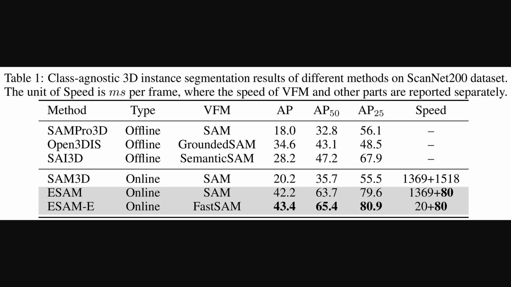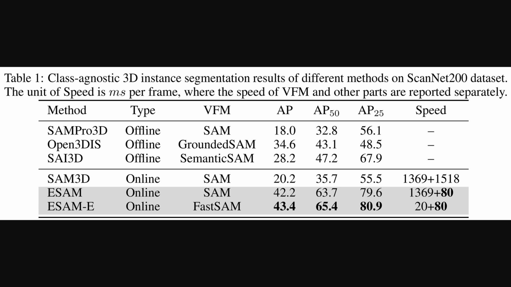EmbodiedSAM Online achieves 42.2 average precision, with its own processing adding just 80 milliseconds. The ESAM-E variant, using FastSAM, reaches 43.4 average precision and a total frame time of only 100 milliseconds, significantly faster, highlighting its efficiency.